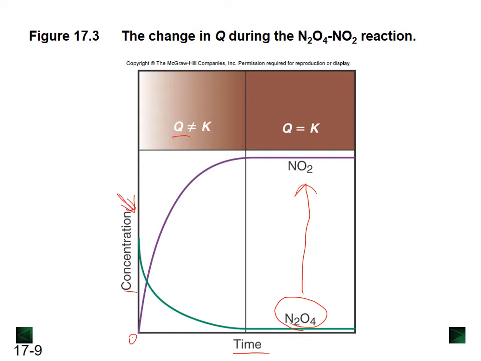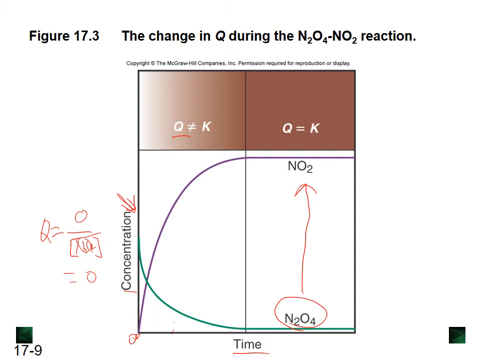Now, if you calculate the reaction quotient, the product is 0, no product, divided by the reactant N2O4, which has a certain concentration. So at the beginning, Q is 0.